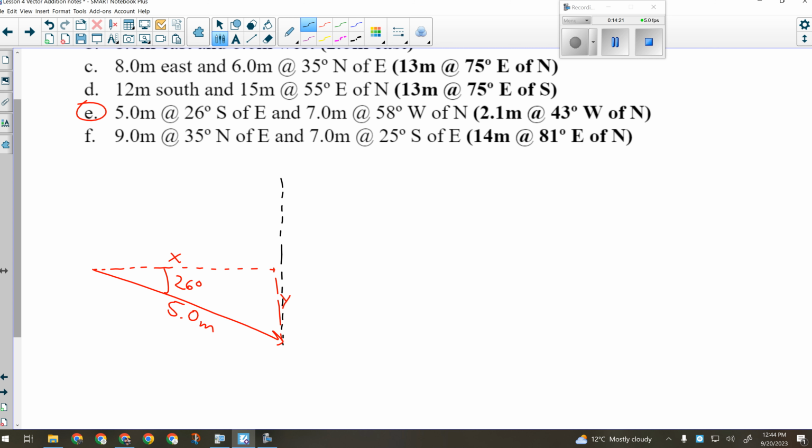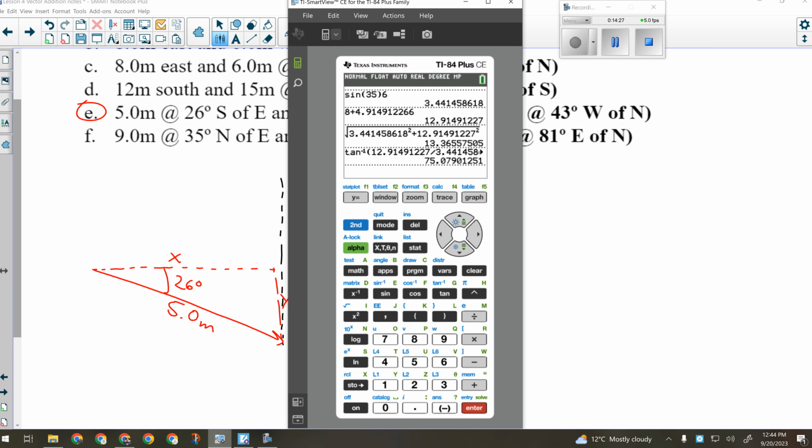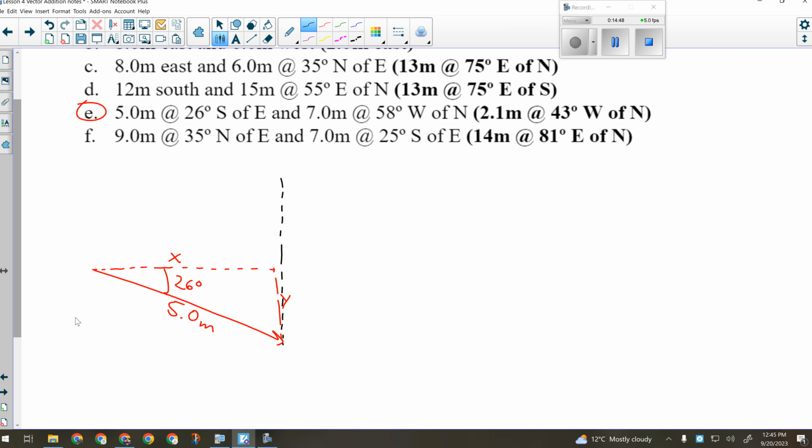Okay, so at 58 degrees, I'm going to go sine of 58, times 7. Okay, so it's 5.93. Okay, and this x here is 4.49. All right, so here's what that tells me. My 7 meter vector needs to go like this.